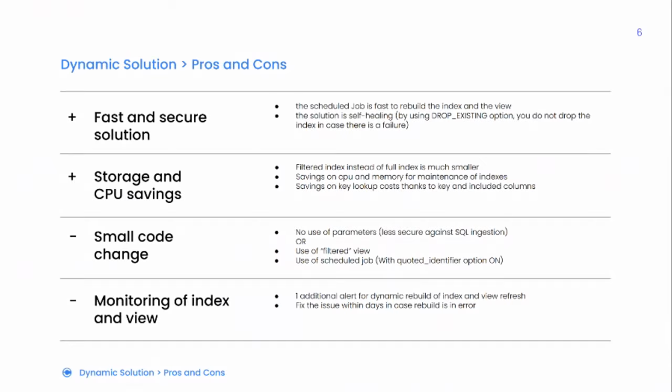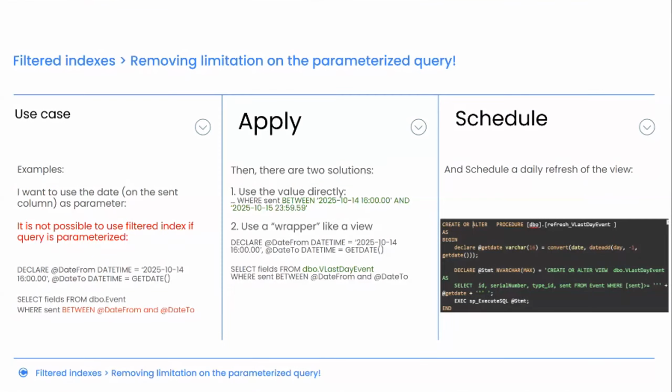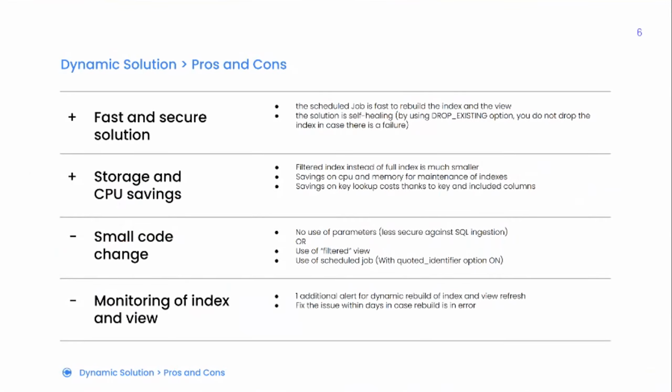You're using the option drop existing when you create the index. If you can see on the code here, you use with online equal on if you are on Enterprise Edition, or off, data compression equal page, but mainly drop existing equal on. The fact that you use drop existing equal on makes the solution self-healing.